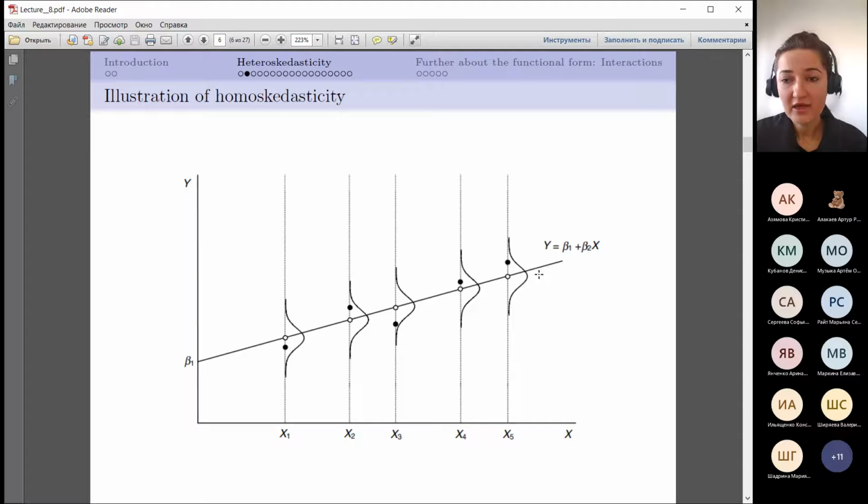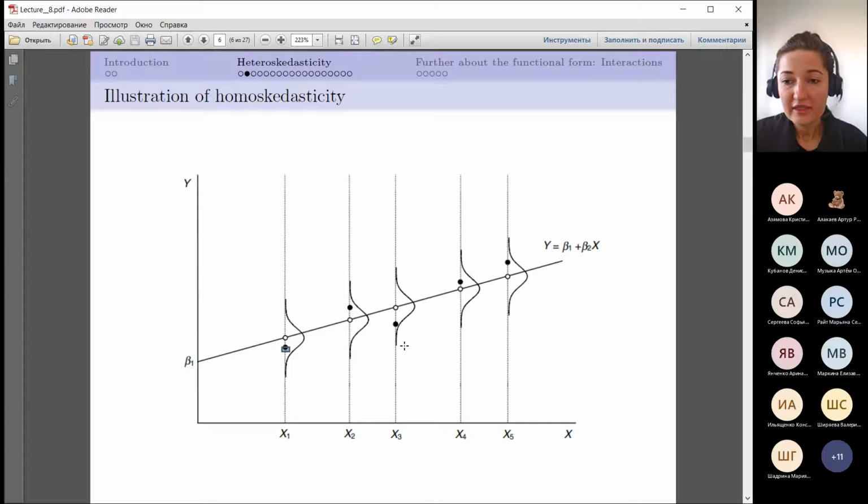But the actual value of the disturbance term for this observation turned out to be negative. So the observation is represented by the solid marker, this one.